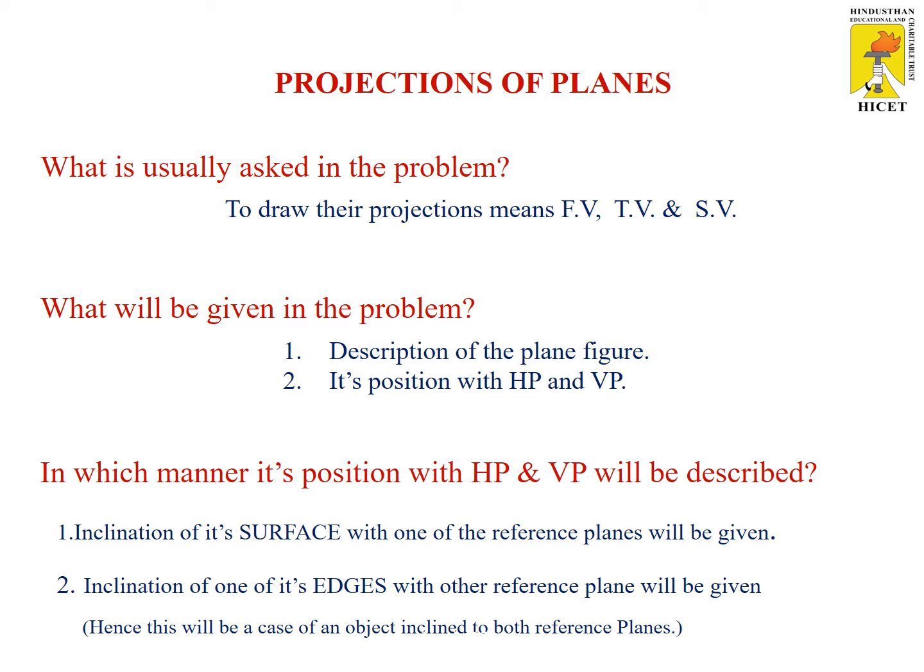In the second case, the object will be inclined to both planes, that means inclined to both HP and VP, the horizontal plane and the vertical plane.